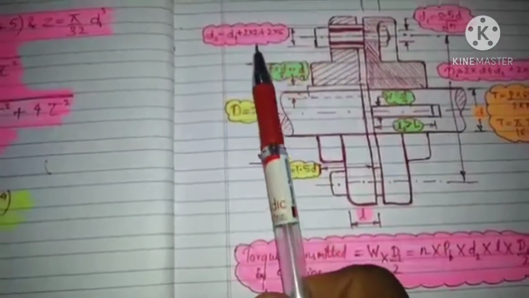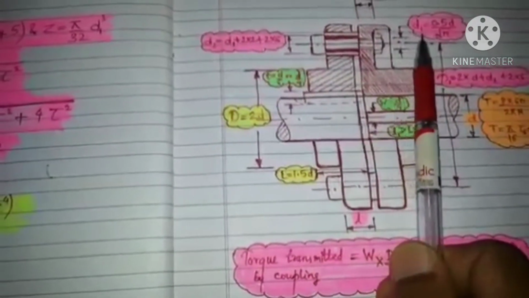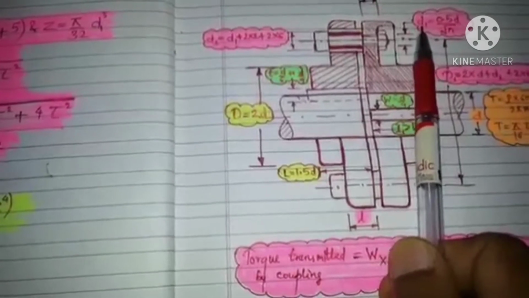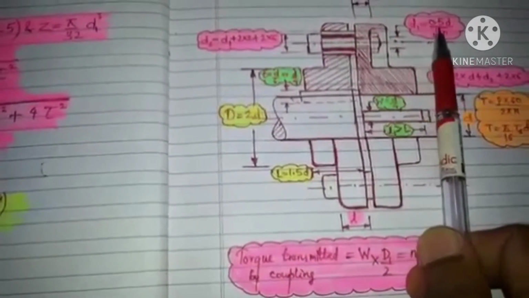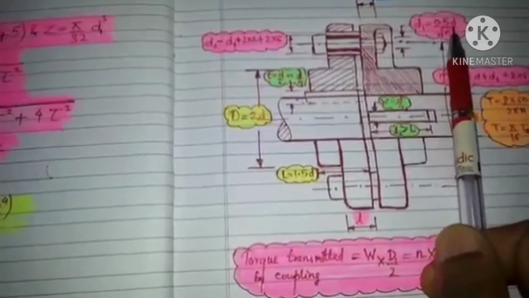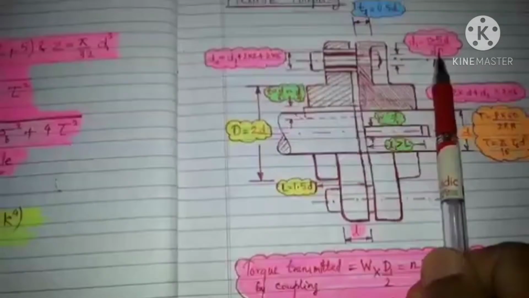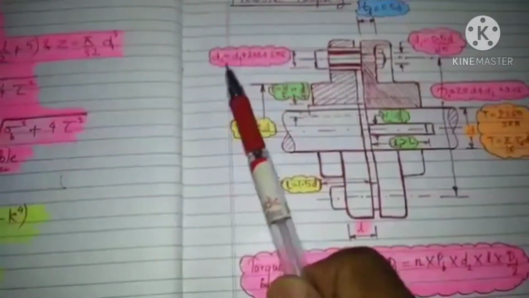Once we have the diameter of the shaft, we can calculate the dimensions related to the pin. The first thing we will find is d1, the diameter of the pin, and the formula is 0.5 d divided by root n, where d is the diameter of the shaft and n is the number of pins. Then d2.